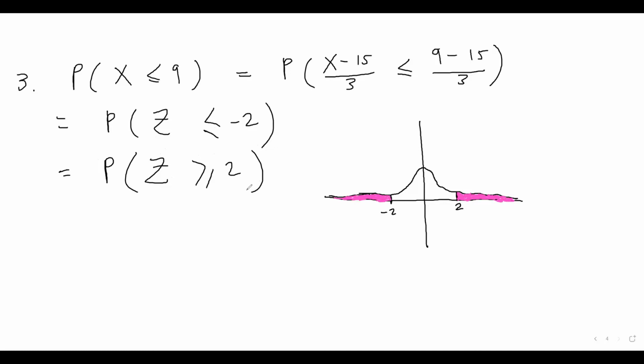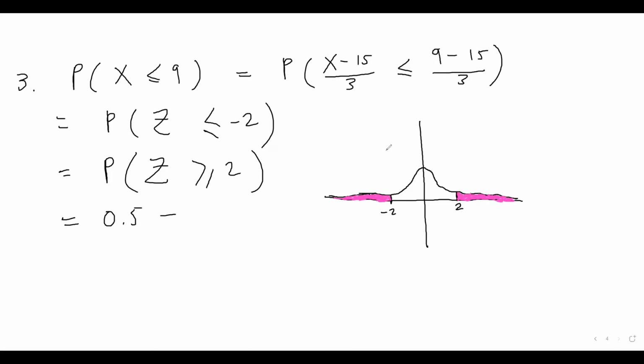And this is because of symmetry, because the standard normal curve is symmetric about the vertical axis. That's why this is so. So now this just became easier, because we're going to use the table, and we're going to go 0.5 minus whatever value we get from the table.